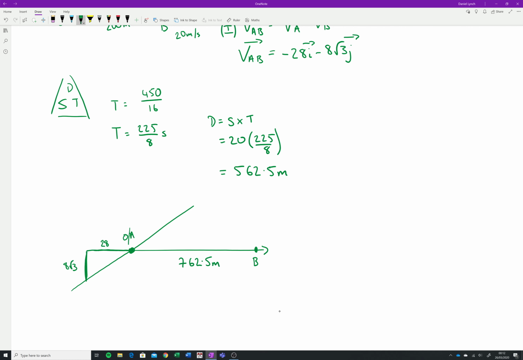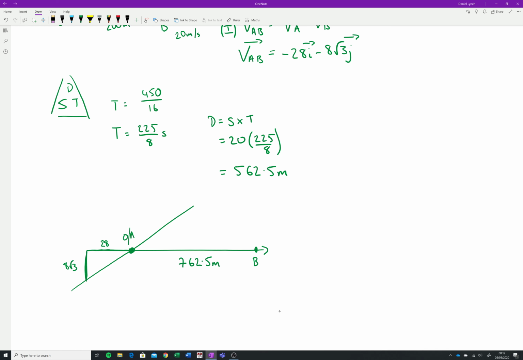Now let's read the question first of all. If at a given instant A is 450 meters from O and B is that, calculate the time intervals until the cars are nearest to each other. So A is going along this track, on the main line itself, and we want it to be as close to B as possible.